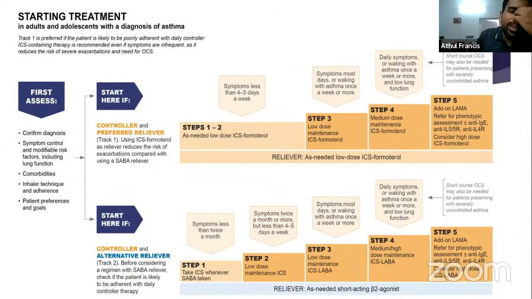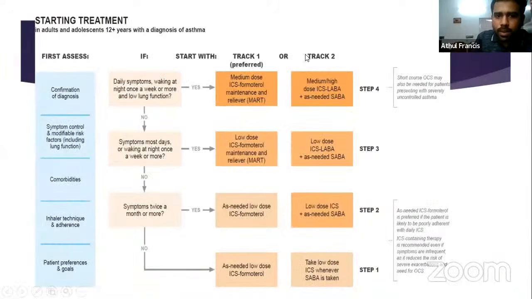Only in group D COPD patients, when you are giving inhaled corticosteroid, there's an option of decreasing or stopping the inhaled corticosteroids. Other than that, there is no step down because COPD is a progressive condition. Asthma, as I told, is something which always gets exacerbated at some point in time. So this is track 1 and track 2. That's always shown in the graph.